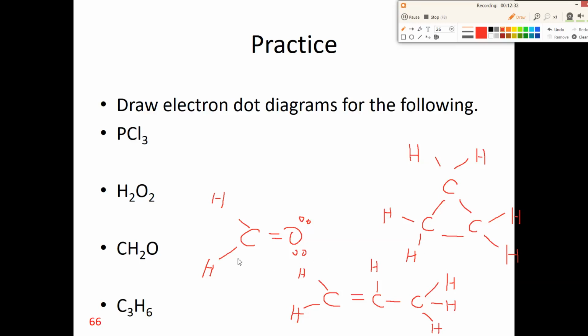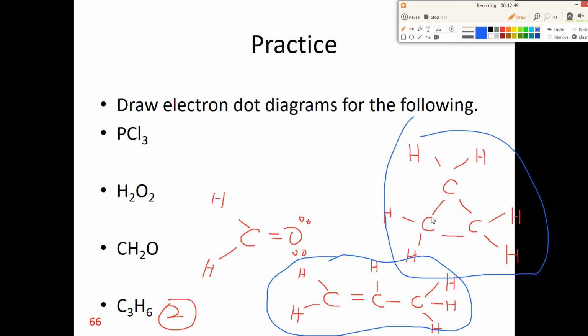Right. So if you check octet, all the atoms satisfy octet. So last one, this one has 2 possible structures. This here's one possible structure. This is another one. One is cyclic, all the carbons form a circle. The other one is linear. Right? Let me know if you have a question for the last two.